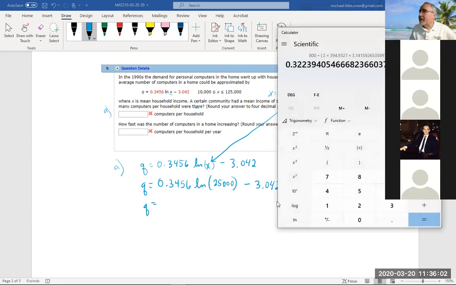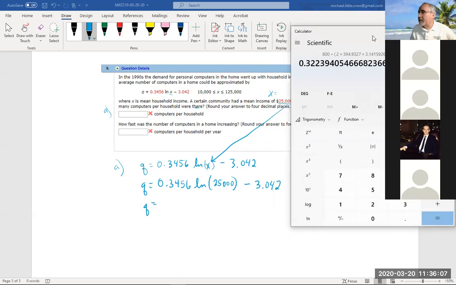Move it over a little bit, clear it out. 0.3456 natural log. There it is down here. Oops, it works differently. So actually, let's do it this way.